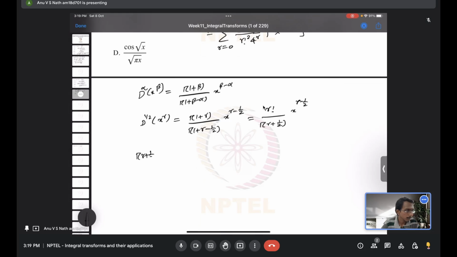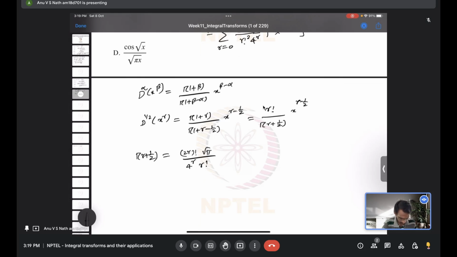Gamma of r plus half has a famous formula, because this is a half extension of an integer. So r is an integer and you are adding a half to it, so the gamma function can be simply written. Let me write the expression. It is 2r factorial root pi over 4 to the r times r factorial. Let me verify this expression first. This is valid for all integers r.